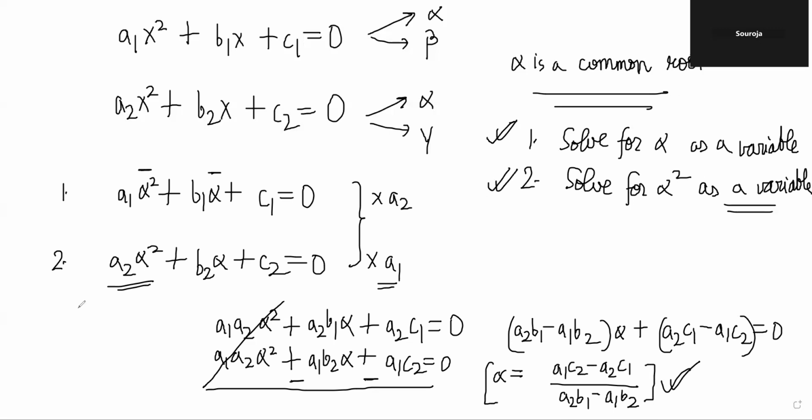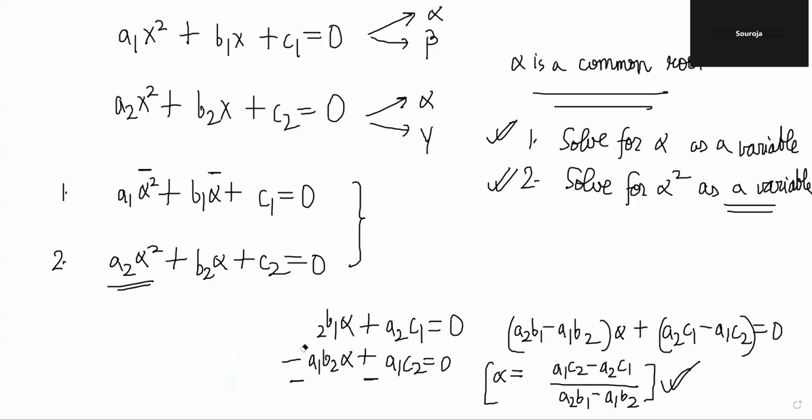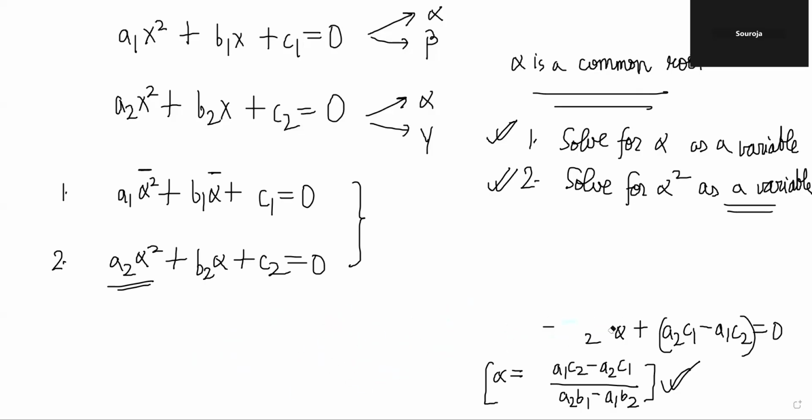And to do that, very similar process. If I want to solve for alpha square, I should eliminate alpha, right? In order to eliminate alpha, I need to make the middle terms match, right? So I will multiply the first equation by obviously B2 and the second equation by B1, right?